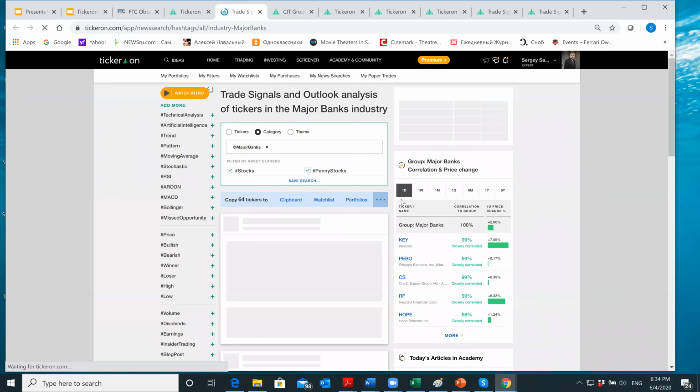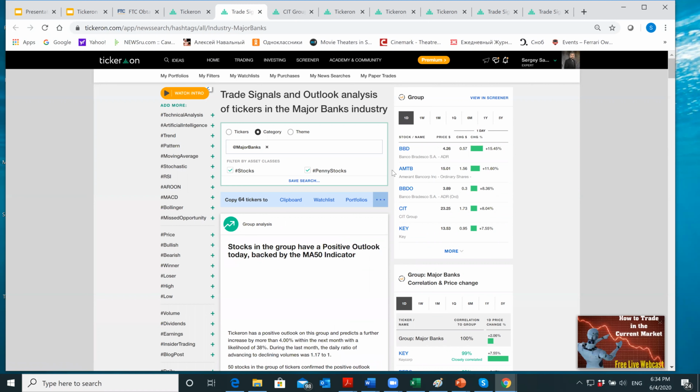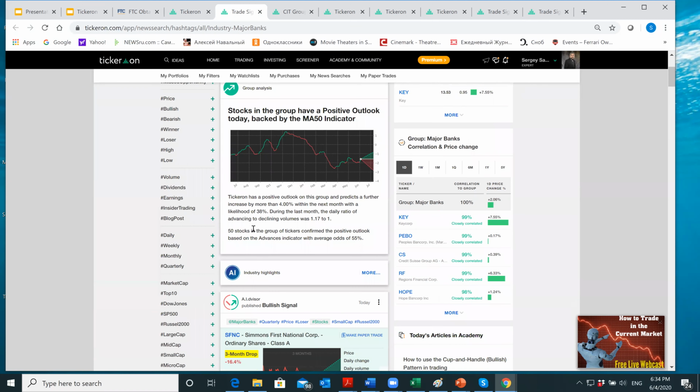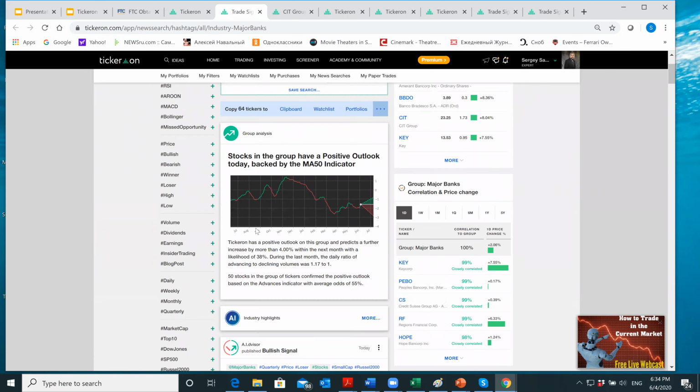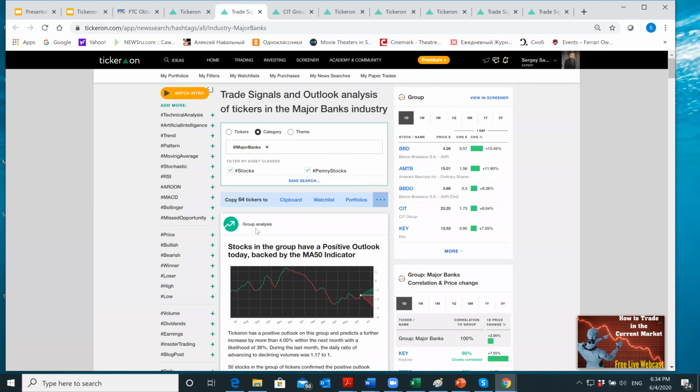Now I'm going to analyze all major banks and see what the group is doing. The good signal is that the group of major banks is a good opportunity. Now there are several different ways of reducing that number, 64, to some other number.